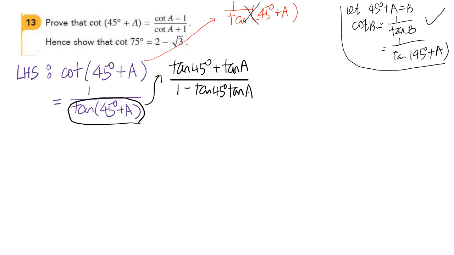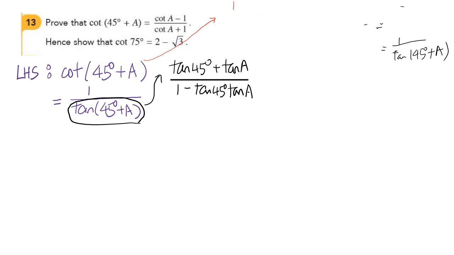The one in red is the wrong way of writing. So please do learn the correct way of expressing it. Okay, I'm going to erase all this. Okay, so let's continue.